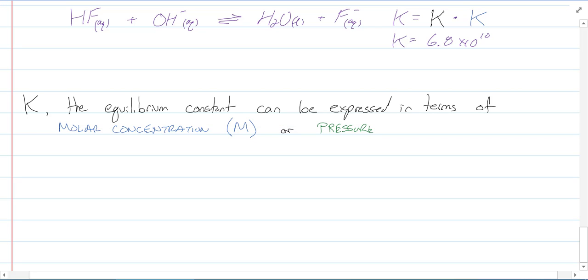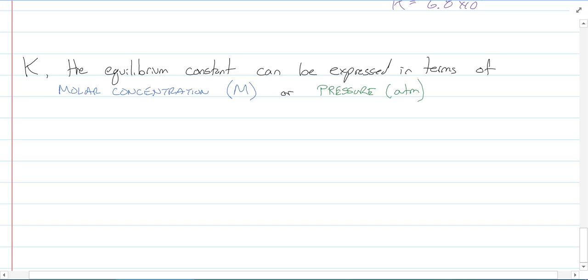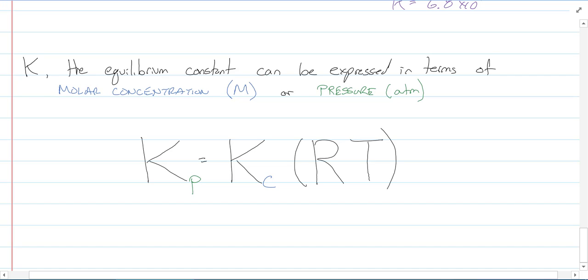Ooh, pressure. And that will be in atmospheres. Those are only two units. So K for pressure equals K for concentration times RT to the delta n.